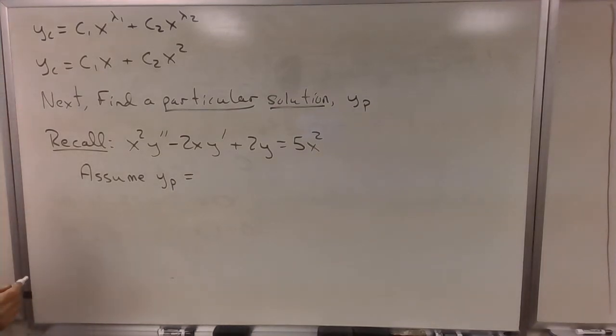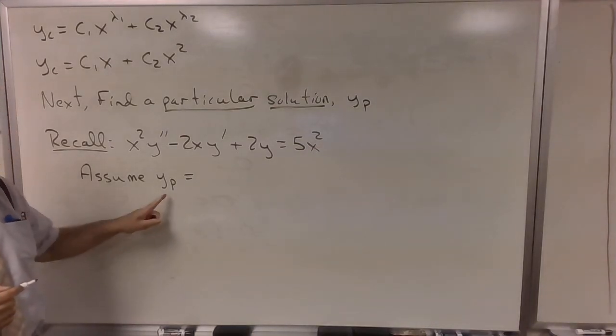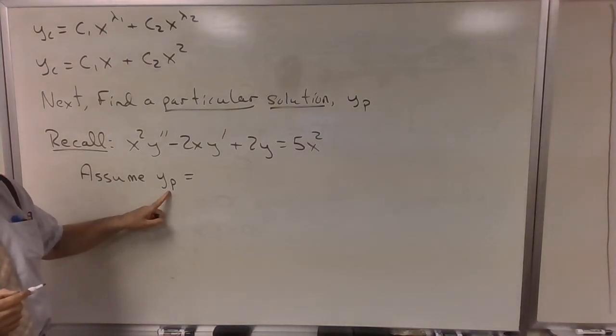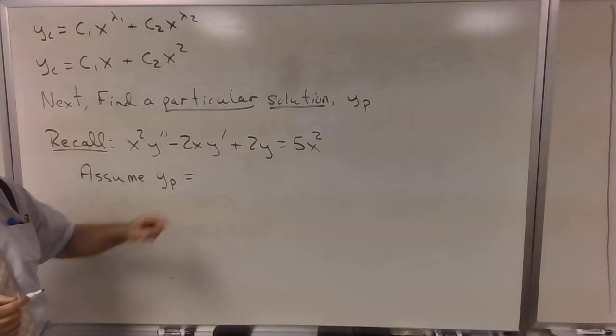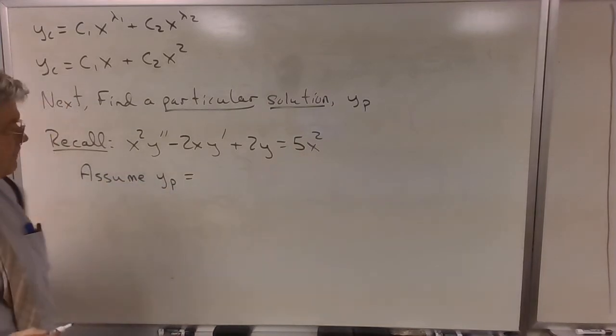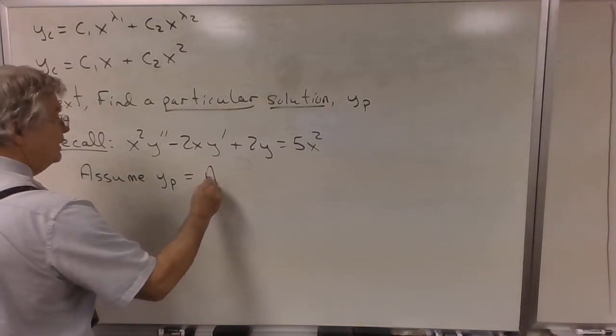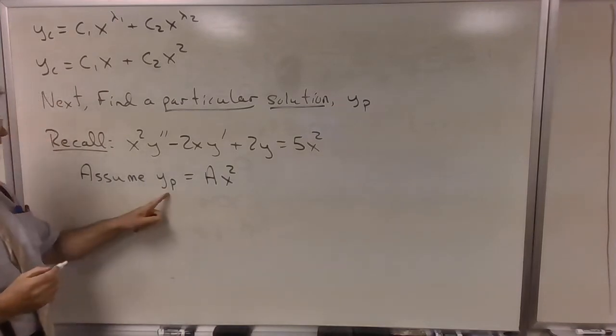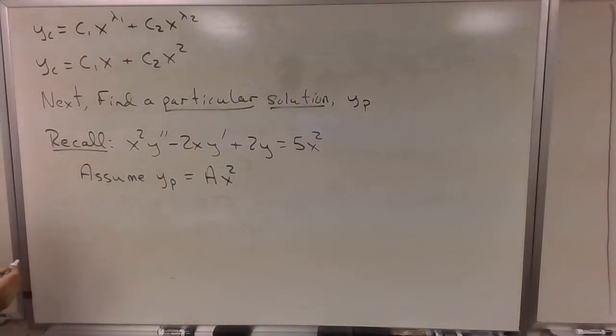We're going to assume that our particular solution is a polynomial that has exactly those powers of x that are found on the right side of the equation. So we're guessing that this is what our particular solution looks like. And if we're not careful, we may proceed from here without seeing the booby trap.